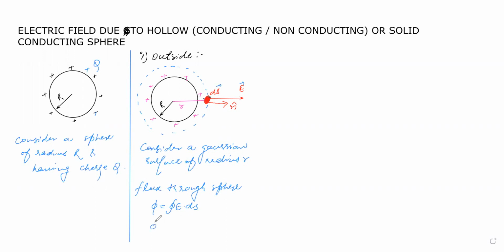So we can put here phi is equal to E integration of ds cos 0. And finally we can write phi is equal to E into integration of ds will be S. S is your total area of the sphere, and the value of total area of the sphere is 4 pi r square. This is the amount of flux passing through this Gaussian surface.